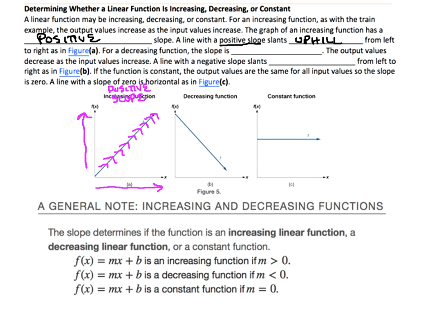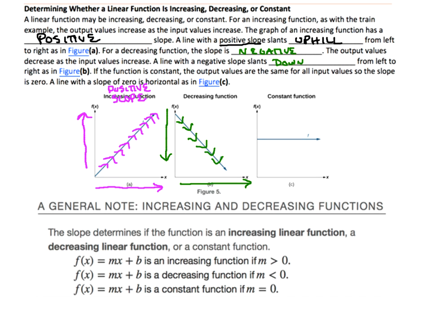Okay, so for a decreasing function, the slope slants negatively or downhill from left to right. For a decreasing function, the slope is negative. The output value decreases as the input value increases. So as I move to the more positive side of my x values, I'm actually moving down in my y values.